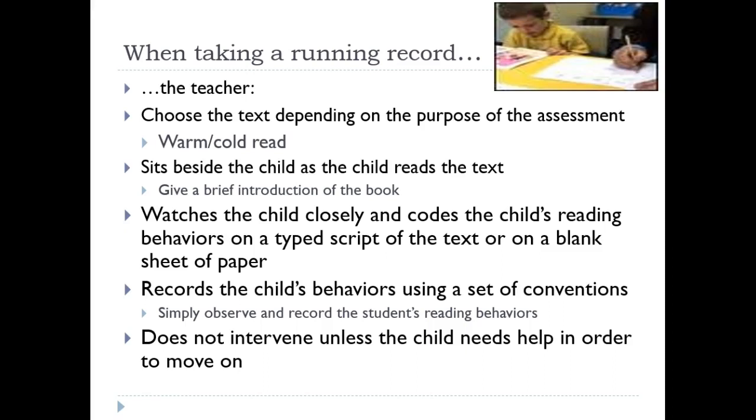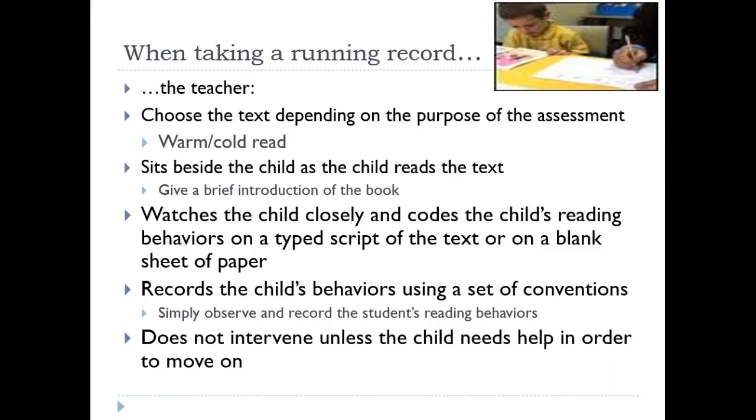Depending upon your expertise in taking a running record or what your preference is, you have two choices here. Running records use a set of coding conventions, and that's what we use to record the behavior. We're simply observing, and then we're recording the behaviors using these conventions.